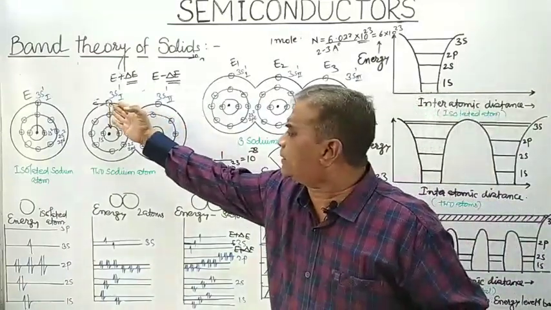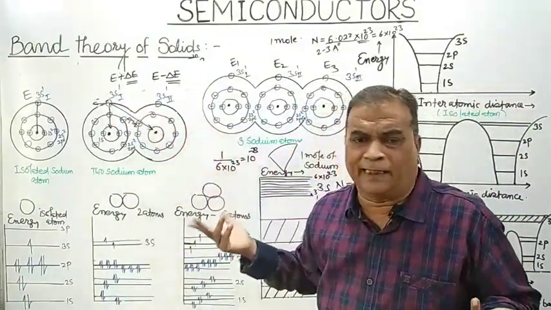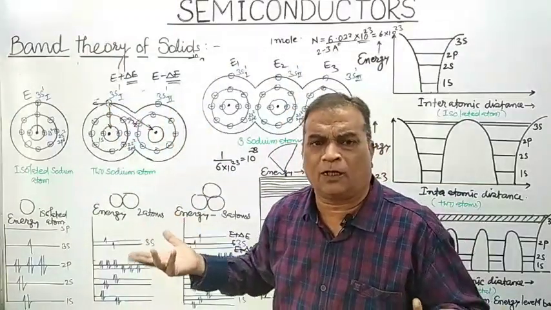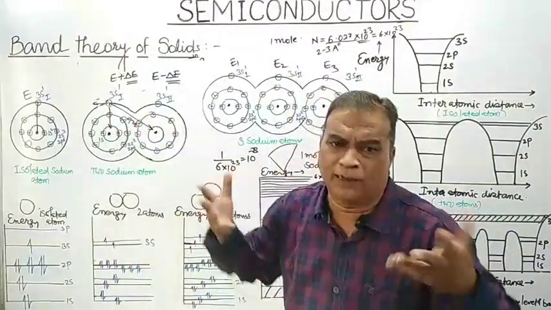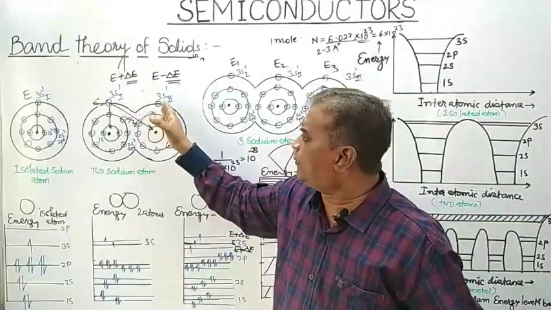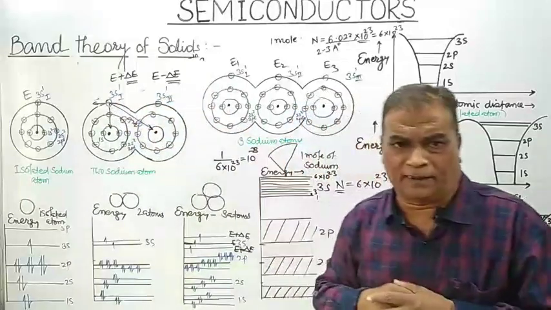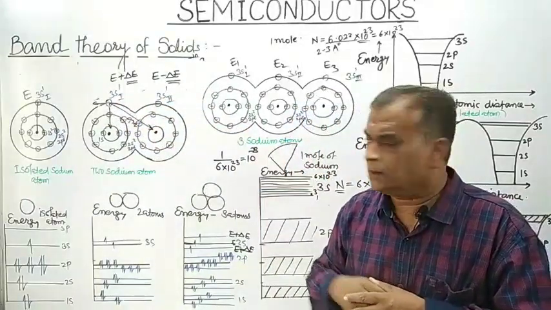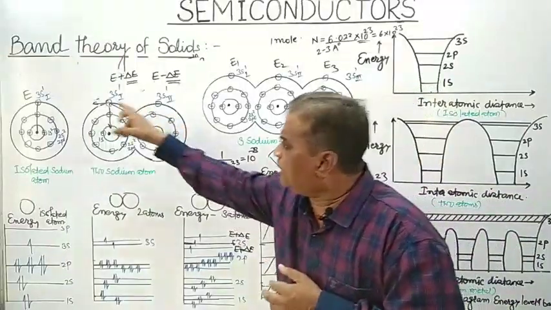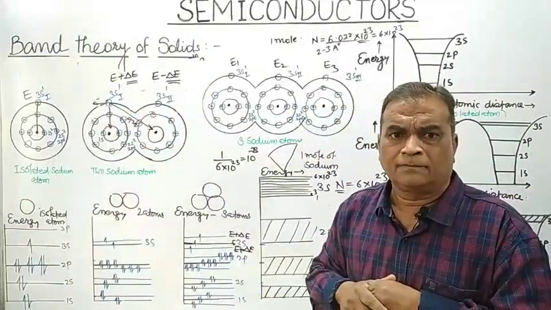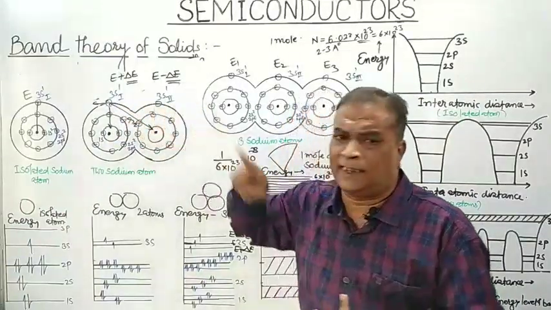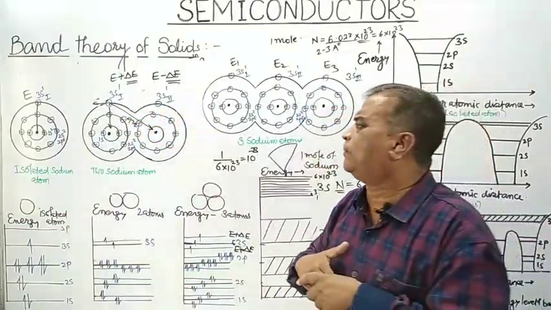Due to their strong interaction with the nucleus of the neighboring atom, potential energy of the 3s electron of both the atoms will change. That change in energy of the 3s electron is by a small amount.